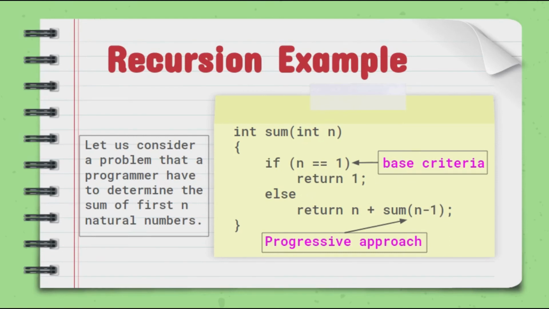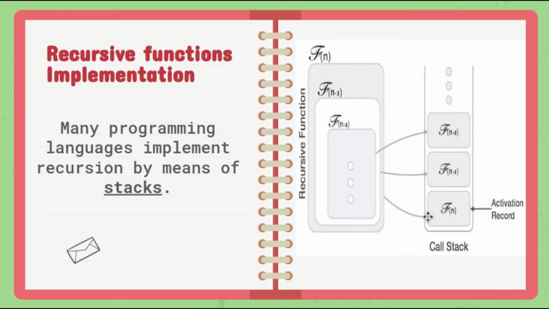So if n is equal to 3, we have n plus this function, which is going to suspend itself. So it's going to do 3 plus sum of 2. So 3 plus sum of 2, this function is going to suspend itself.